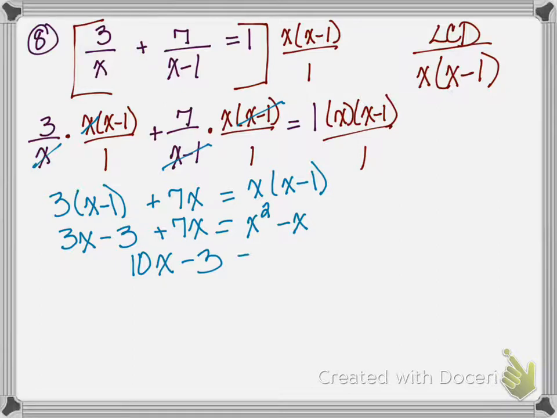Okay, and that equals x squared minus x. Because that x squared is positive on the right-hand side, I'm going to move things to the right. So I'm going to subtract 10x from both sides, and I'm going to add 3 to both sides. So I've got minus 10x and plus 3.